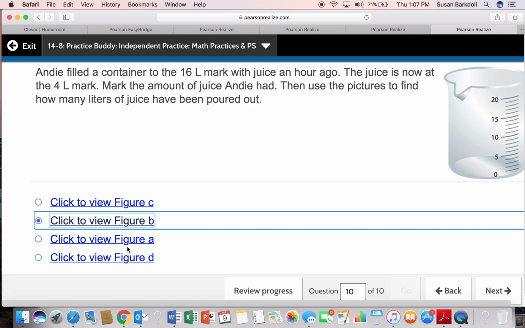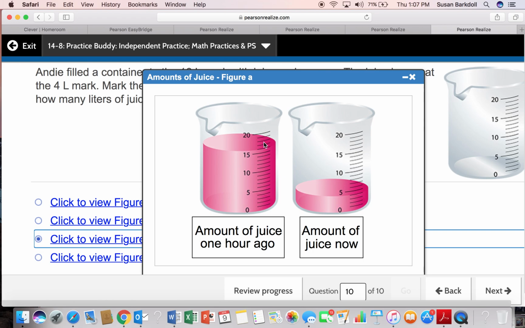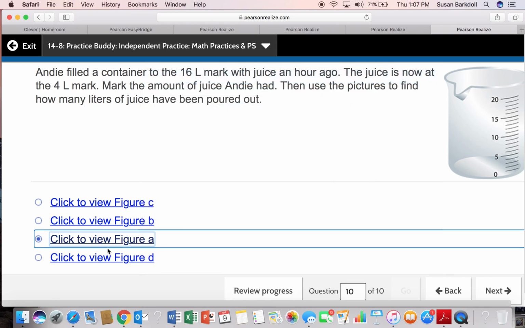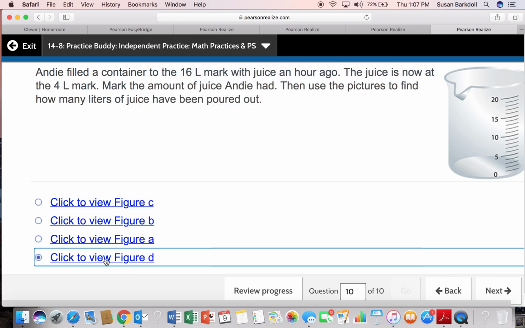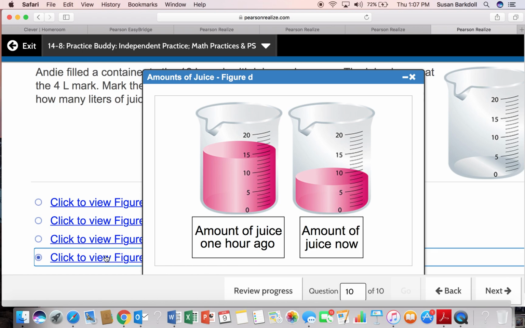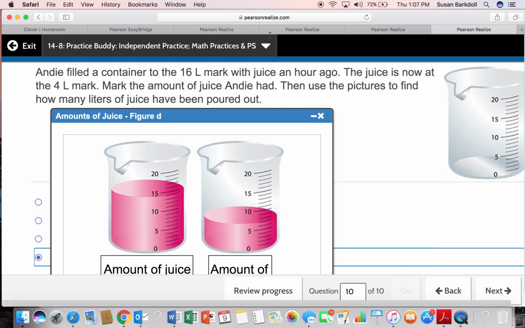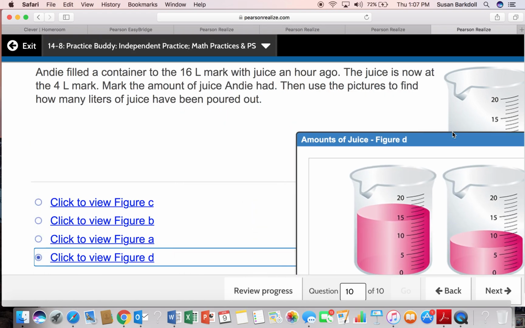So the first container has to have 16 and the second container has to have 4. That makes sense. But just for giggles, we're going to look at D. No, the D is not correct, because look at this. It says it's supposed to be at the 4-liter mark, and this is at the 7-liter mark.